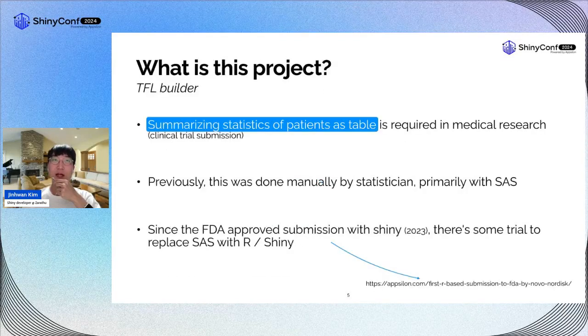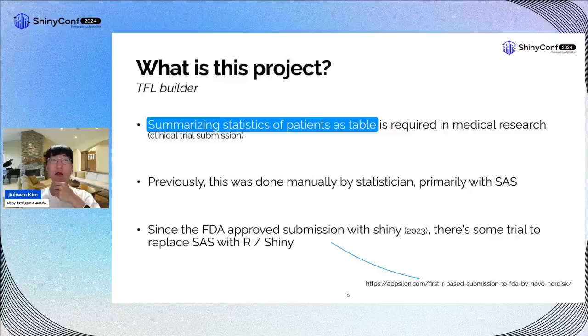So now I want to introduce this project that we call TFL Builder. In medical research, there is a step to build summary statistics tables for submission to a regulatory organization like the FDA. And I heard that previously this job was done manually by statisticians, primarily with SAS programming.